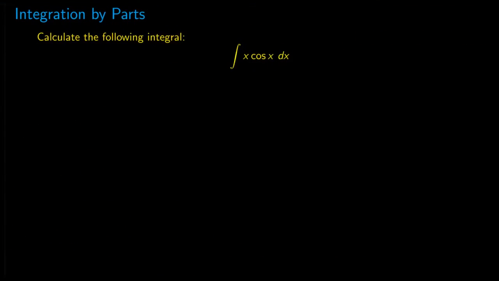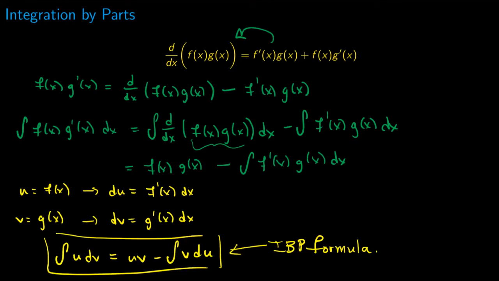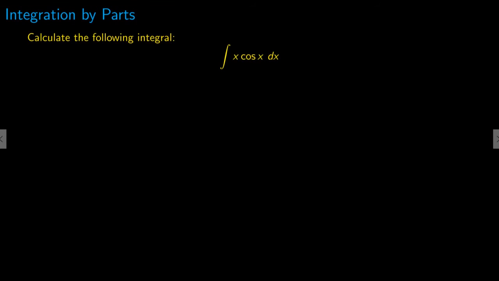Okay, so now we want to try to calculate the integral of this product using the integration by parts formula, which I will write again as the integral of u dv is equal to uv minus the integral of v du. And if we want to use this formula, we need to choose a u and a dv for our integral.